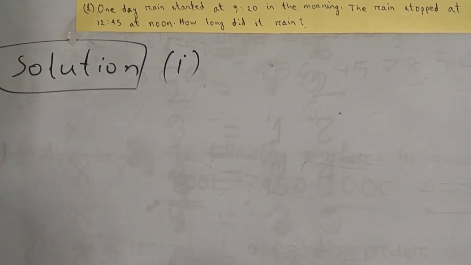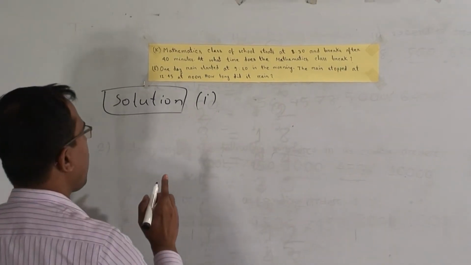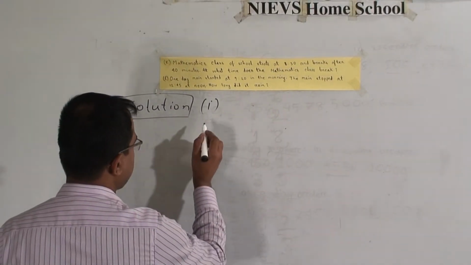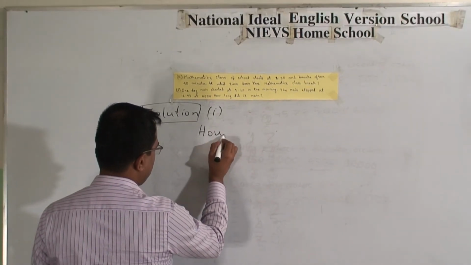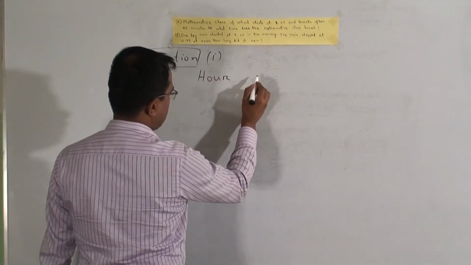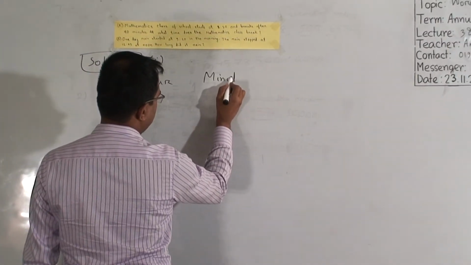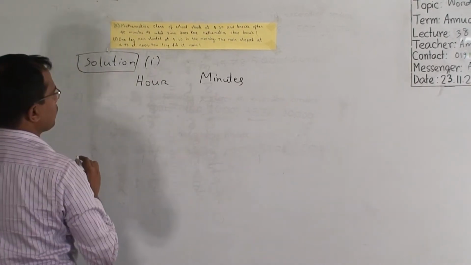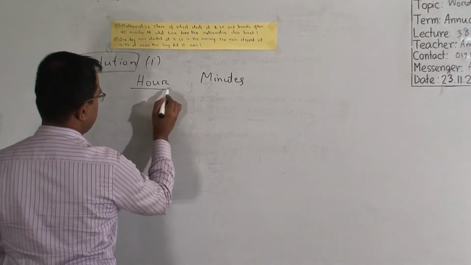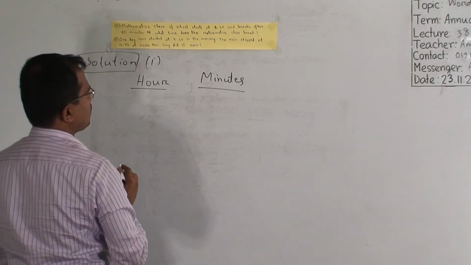For adding, we have to make two columns. One column for hours and another column for minutes. Here the class starts at 8:30.